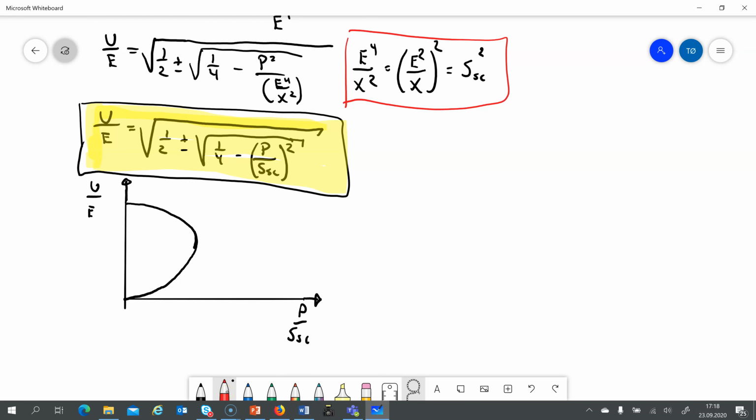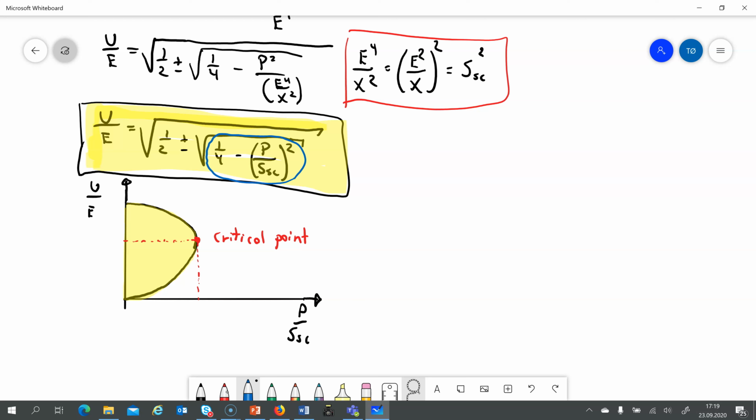And then we can actually identify the critical point. I mentioned that before with the power angle relationship, but now we also have a critical point with the voltage power relationship. So this we call the critical point. And the critical point you can find by setting this expression to 0.